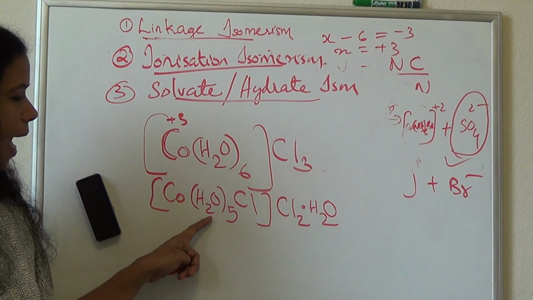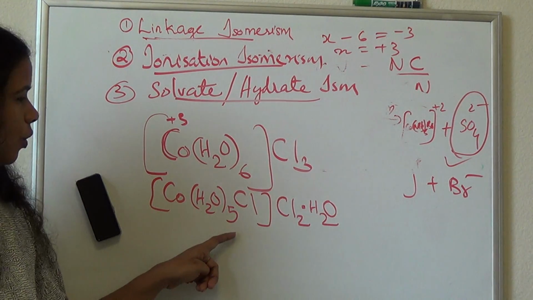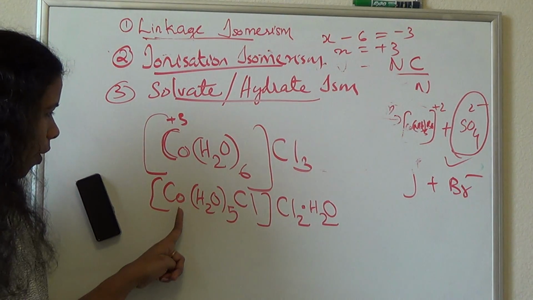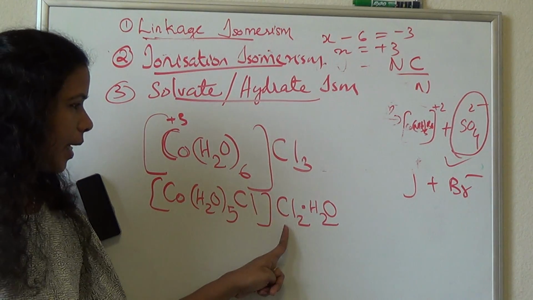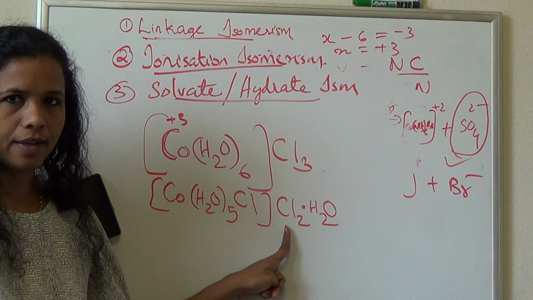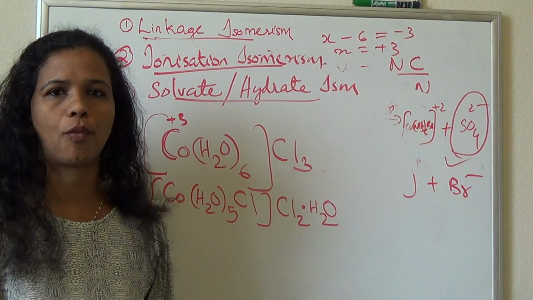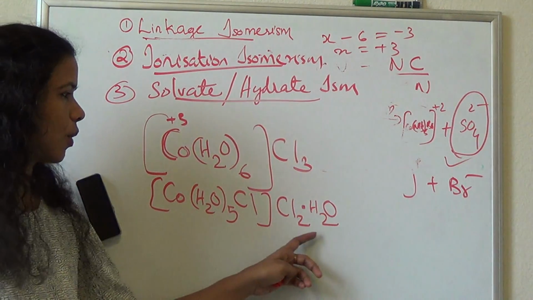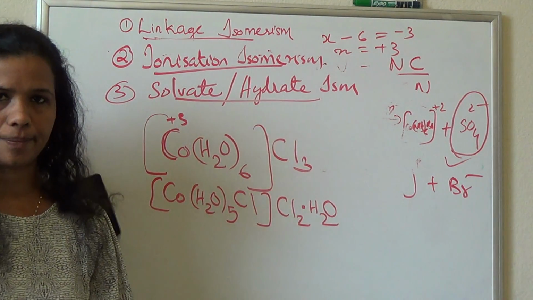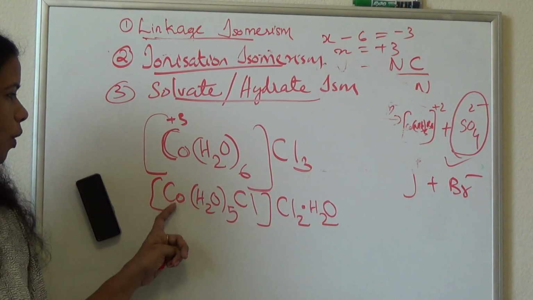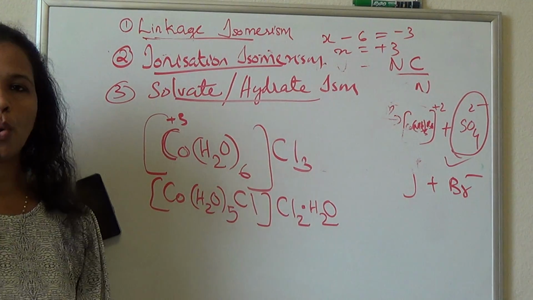It is pentaaqua, only 5 water, so it is pentaaquachlorocobalt 3 chloride monohydrate, because there is only one water molecule outside, so it is called a monohydrate.